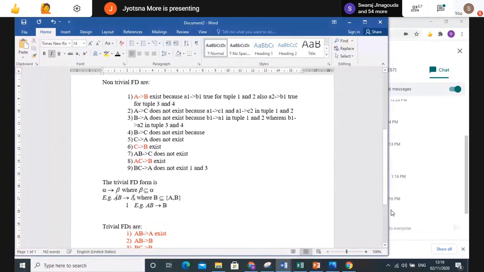For example, AB determines this, so and so. Write down this. So your answer is complete.